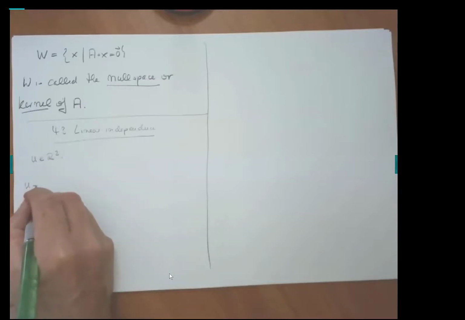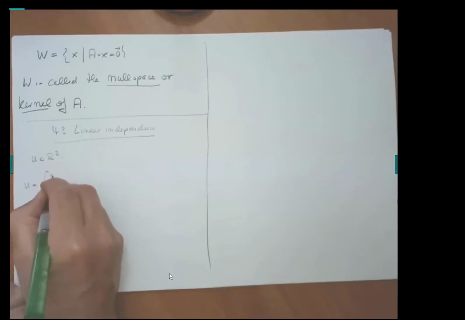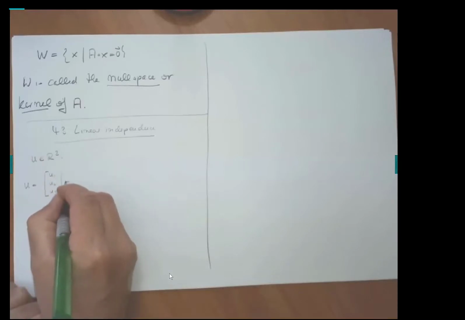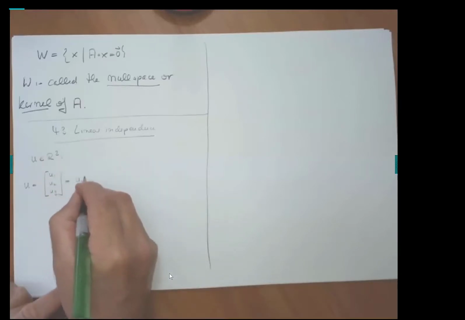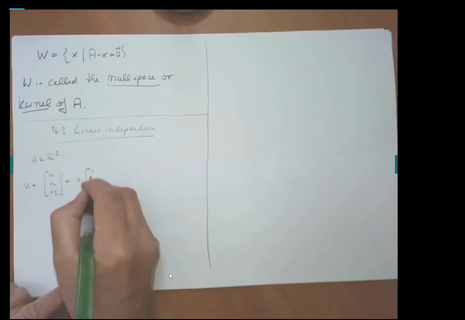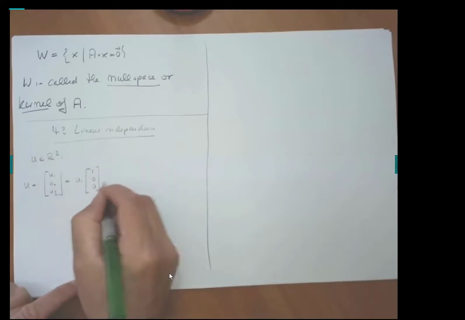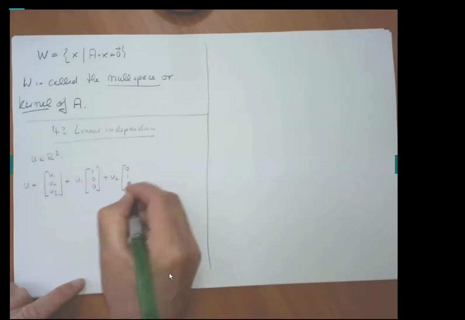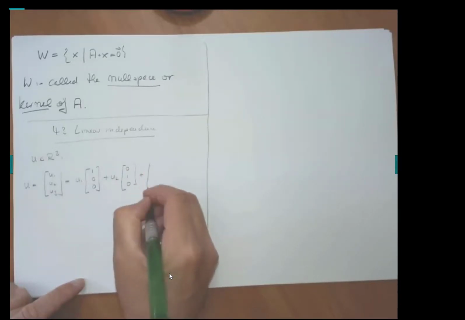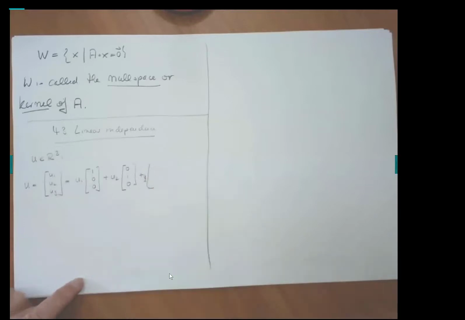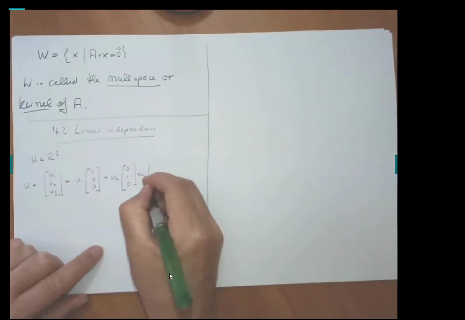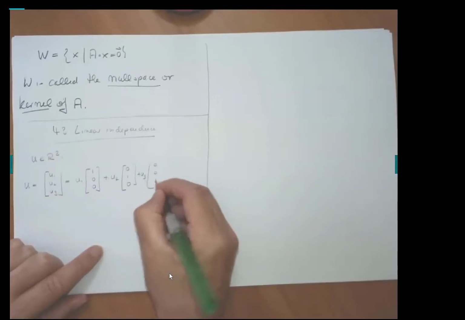then u can be written as, so this is, you will see in a moment, exactly the same as what I wrote down before. I just skip one step, so it's u1 times (1, 0, 0), plus u2 times (0, 1, 0), plus, oops, u3, sorry, I missed this, u3 times (0, 0, 1).